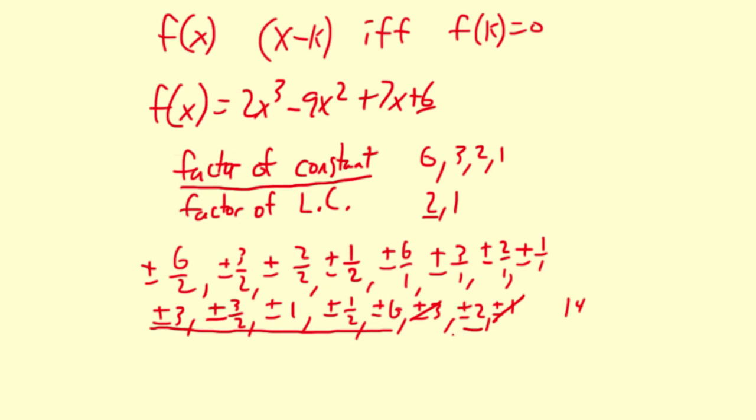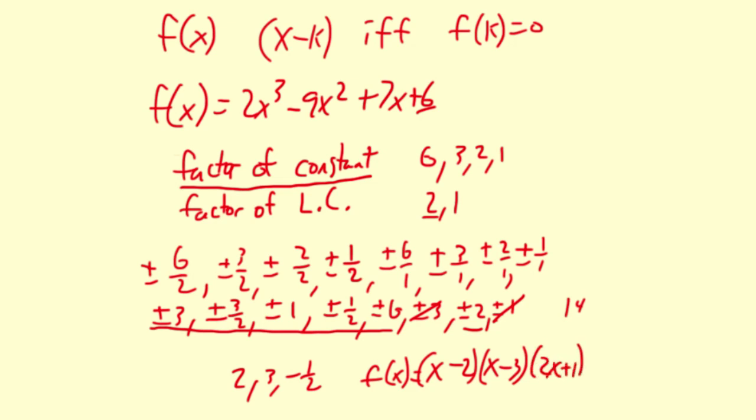And you can also use a graphing calculator to help because you can graph the function to estimate which zeros you should try first. And just to verify this, I already worked this out, and I found the zeros were 2, 3, negative 1 half. And that's because we had already factored in the last lesson to get f of x equals x minus 2 times x minus 3 times 2x plus 1.